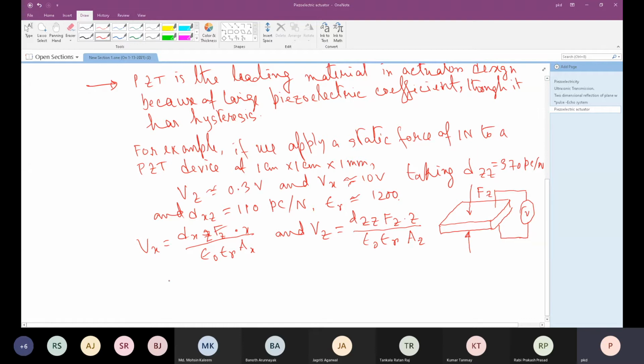So how much would be the shape change in the z direction? That can be found out from the force.